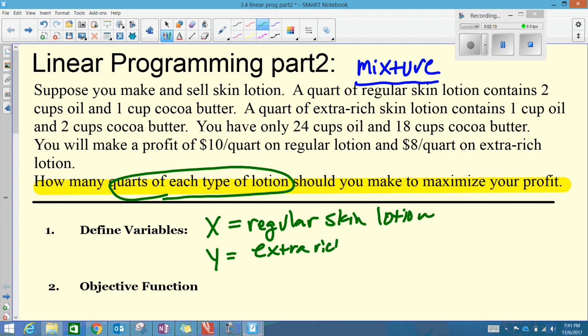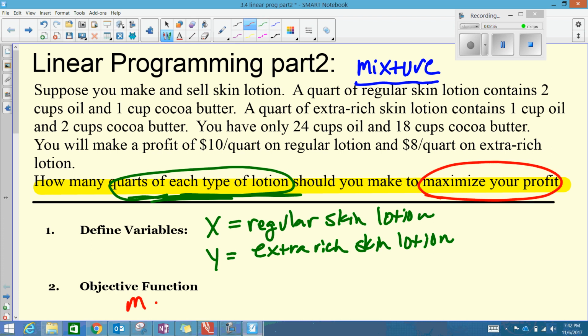I know these examples seem kind of corny, but extra rich skin lotion. We got that because it's asking how many quarts of each type of lotion should you make to maximize your profit. So then we know that our objective function is going to be to maximize profit.